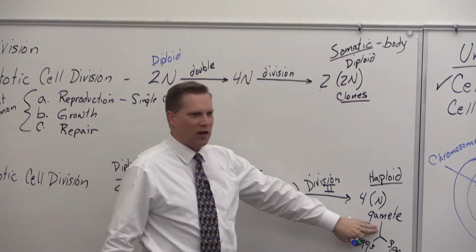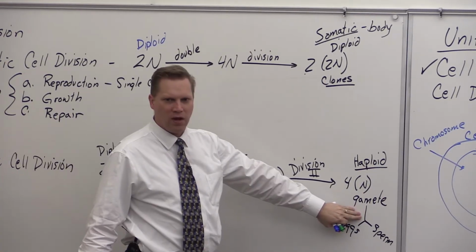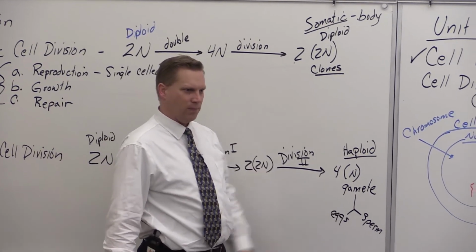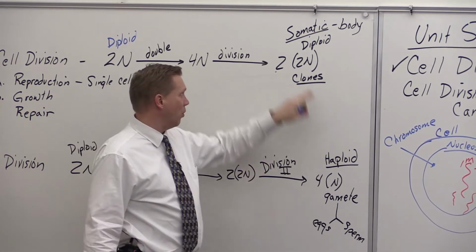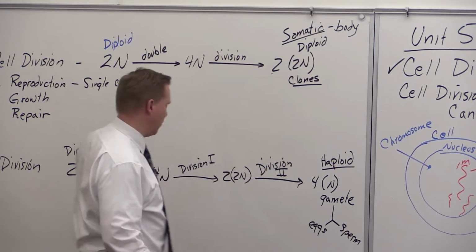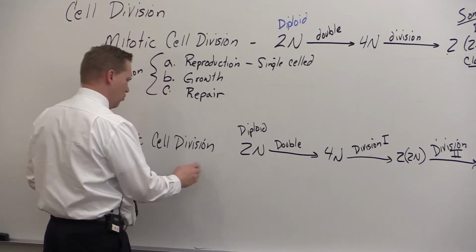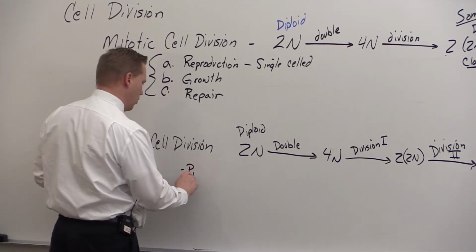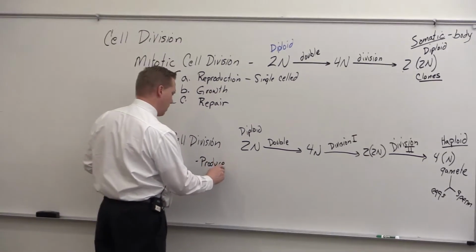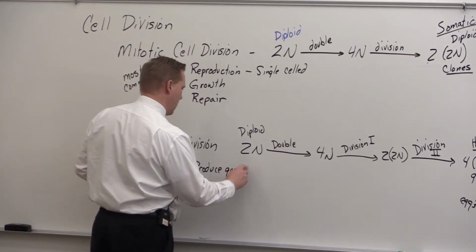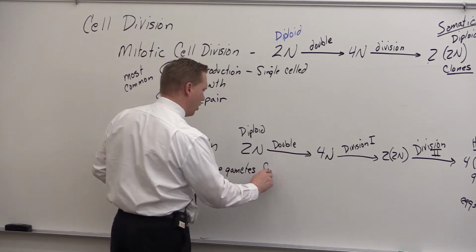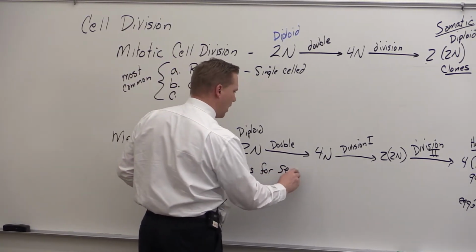And then everyone has some gamete cells in the reproductive organs, the eggs and sperm. The gametes are haploid, the somatic cells are diploid. And so meiotic cell division is really only used to produce gametes for sexual reproduction.